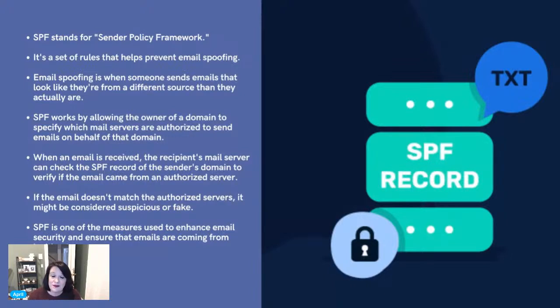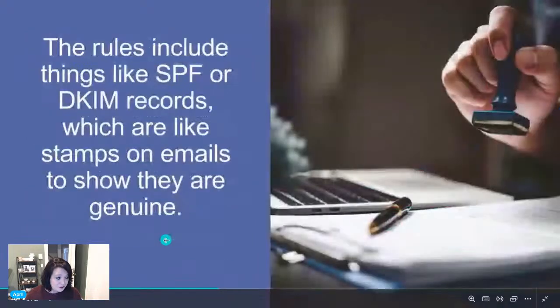That represents security. So this is another form of security. And if it doesn't match, then it's going to be considered suspicious or fake. So my hope is that this will help downsize some of the spam and junk we get in our inbox on a regular basis. It's just one of the measures to enhance your security level.